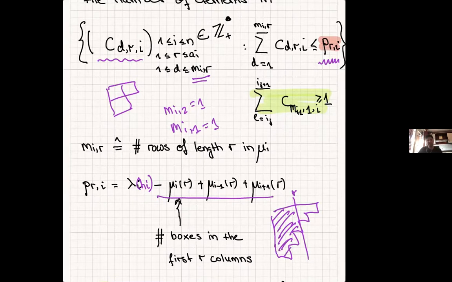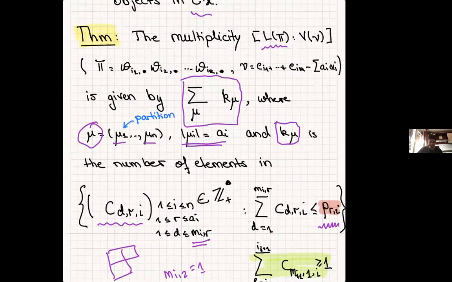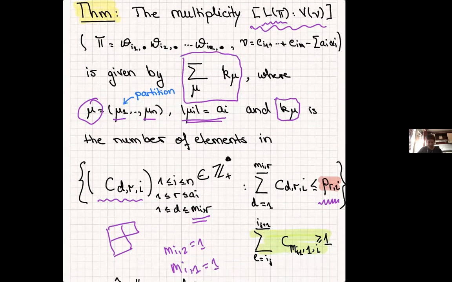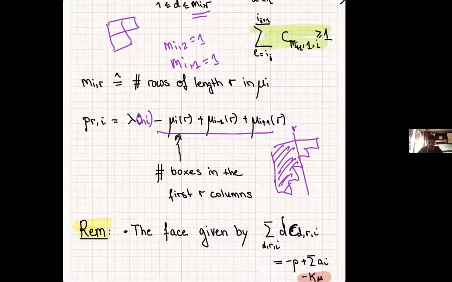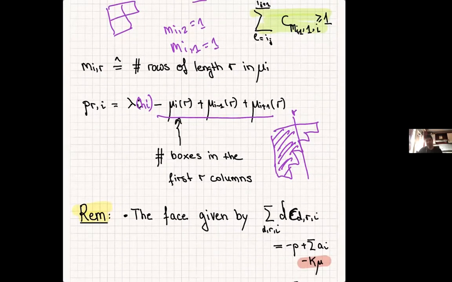Then you take these inequalities, and when you count how many lattice points there are, you get the multiplicity. You can also count the graded multiplicity, and the graded multiplicity is a phase of that polytope. The phase is given by minus p plus some shift and something which is technically defined on the multi-partition mu.